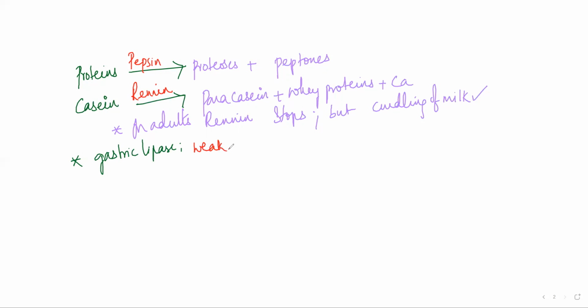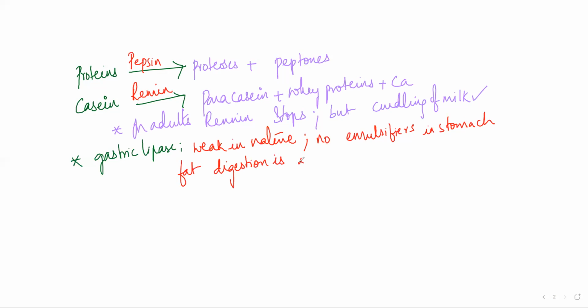And remember that there are no emulsifiers like bile juice here in the stomach. No emulsifiers in the stomach, due to which the fat digestion is inactivated here in the stomach.